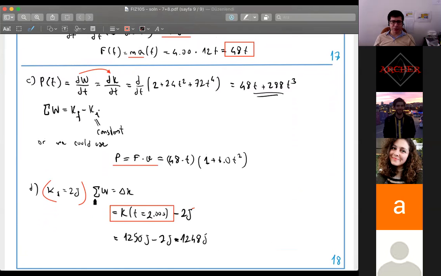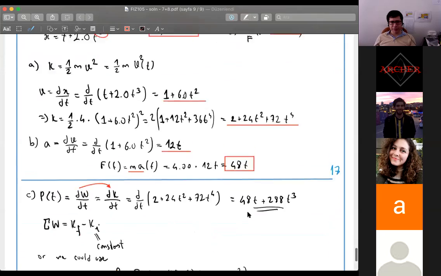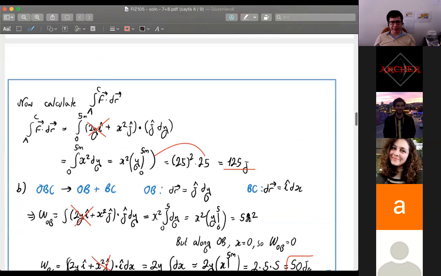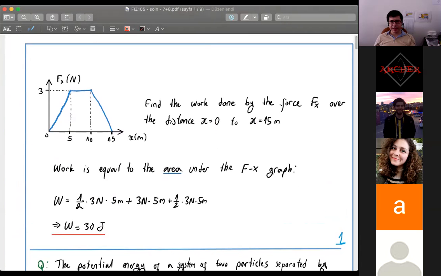Which will give me the total work done in this time interval, and it is 1,248 joules. So we finished solving problems.